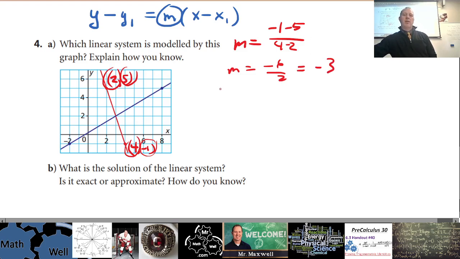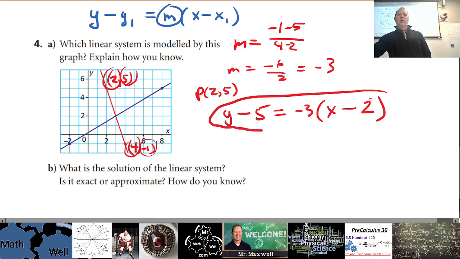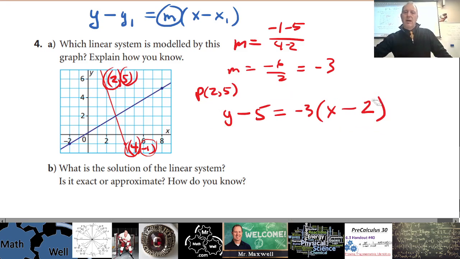So that's the slope, and I'm going to pick a point. Doesn't matter. I'll pick 2, 5. So my point is 2, 5. So my slope is negative 3, point's 2, 5. I'm going to go y minus the y value, 5, equals m, that's negative 3, times x minus the x value of the point, 2. Now, this is okay for an equation of the line, not maybe the best option.